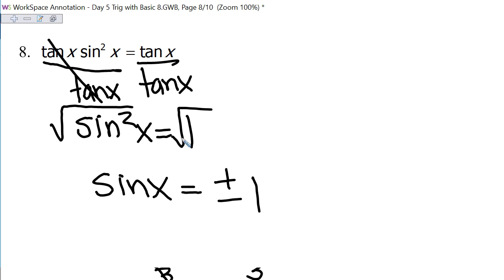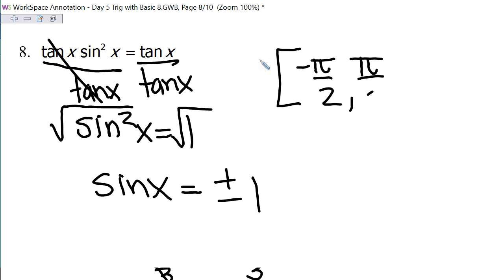Positive or negative 1. Now we're still in the functional section, so where's sine functional? Negative pi over 2 to positive pi over 2. So what angles have a sine of positive 1 and negative 1? Negative and positive pi over 2.